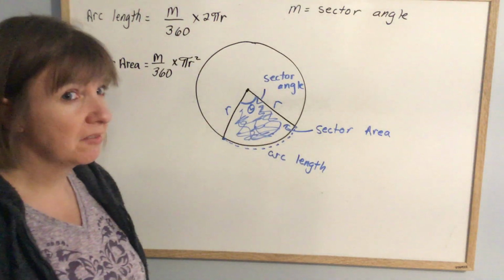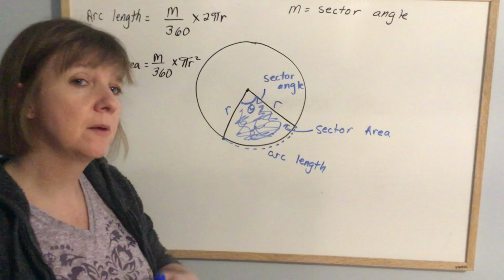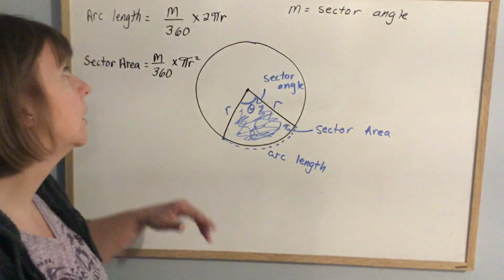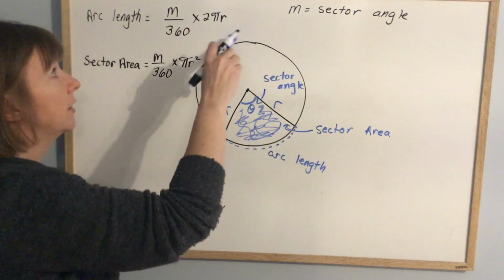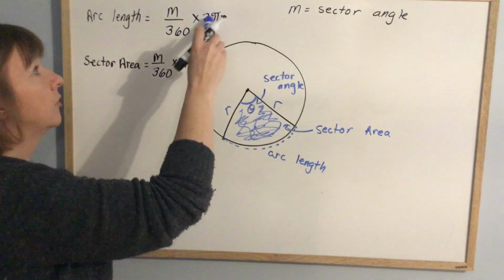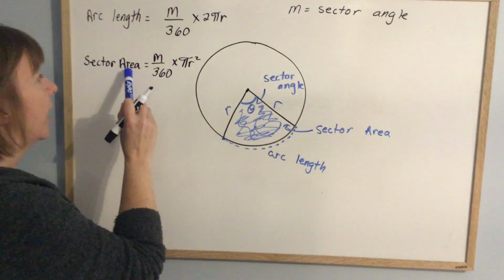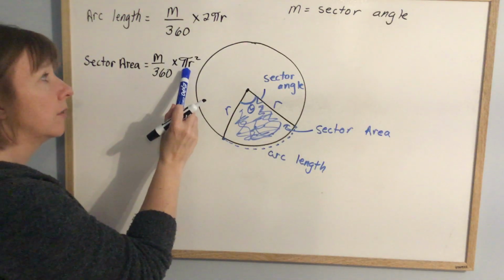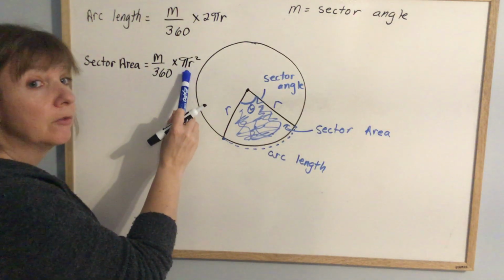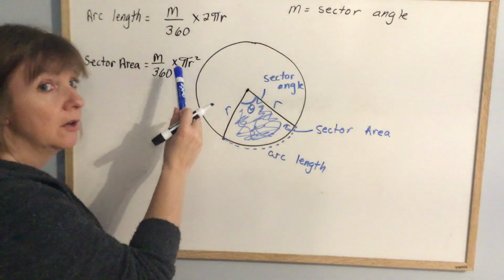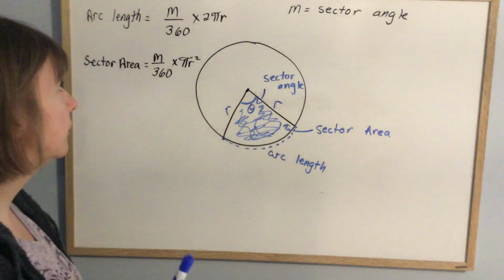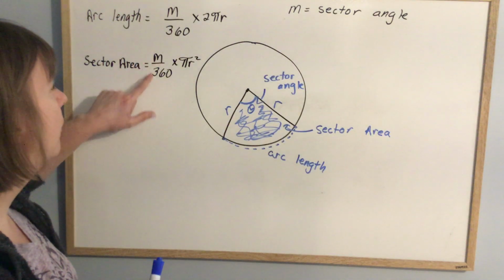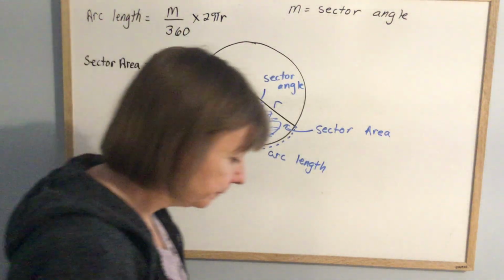A lot of people mix these two formulas up, but there's no need to. Length goes with the distance around the outside of the circle: length, 2 pi r. Sector area goes with the formula that has the area of a circle, pi r squared. So they go together, and it's always with this angle.